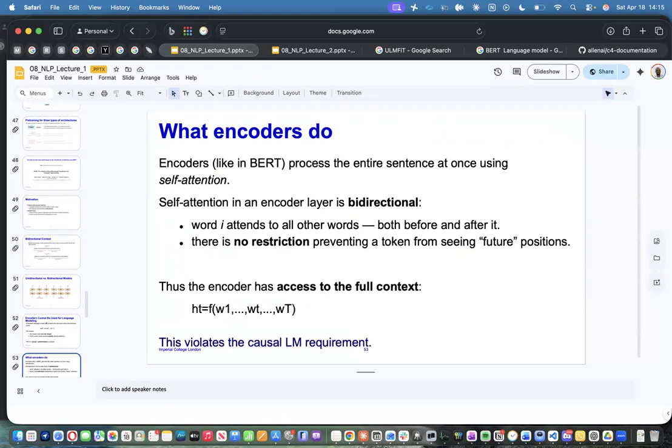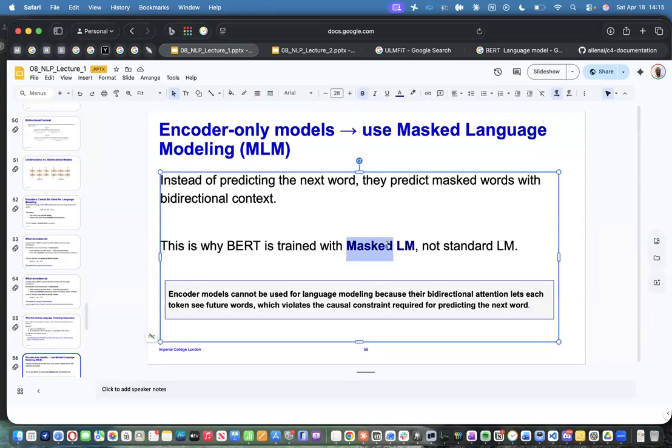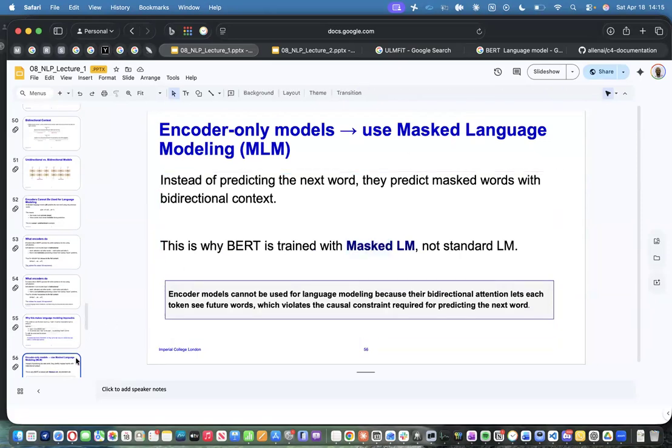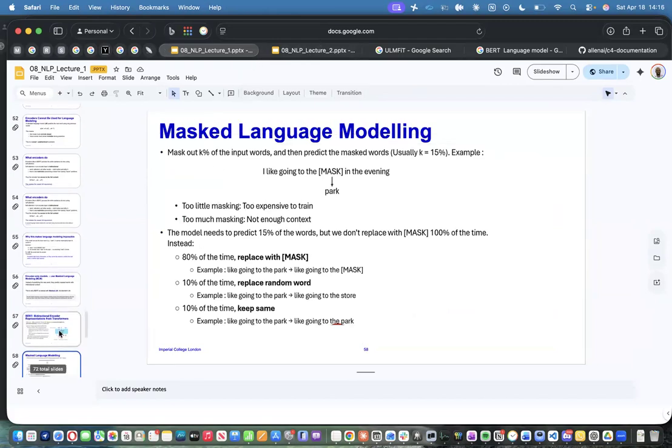We need a language model that can see bi-directionally, right? So that's what we have. BERT was trained on what we call the masked language model, which we discussed last week. This is just going back and trying to recall all these architectures.